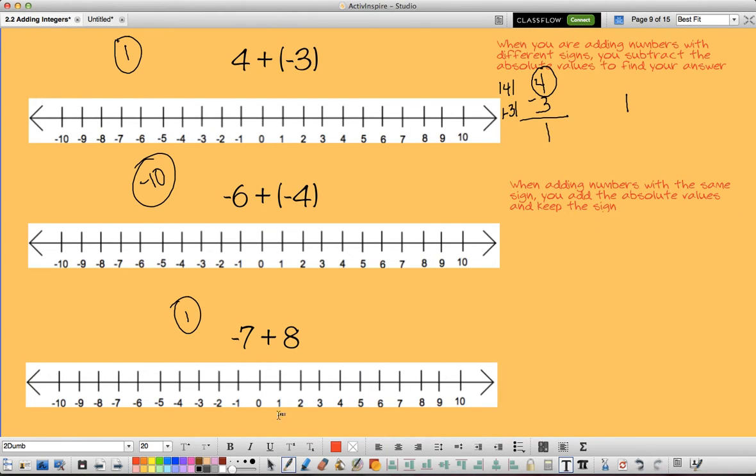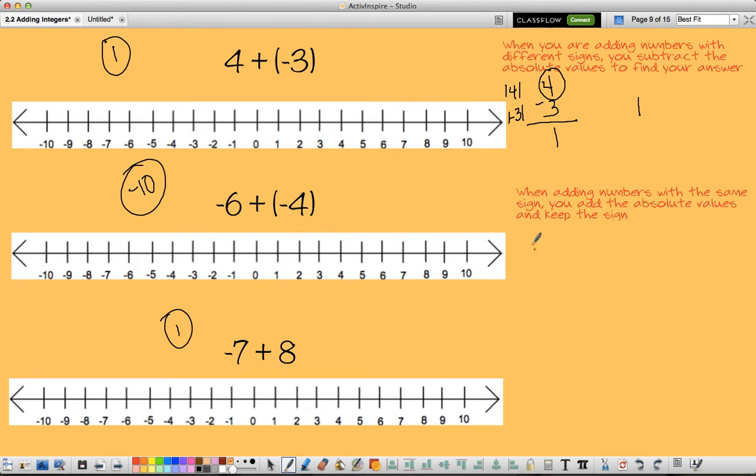There we go. So here I have negative 6, and the absolute value is 6, and I have negative 4, and the absolute value is 4. So I add and I get 10. But since both of these were negative, I know my answer has to be negative 10. And I'm getting the same answer as I did when I did it on the number line.